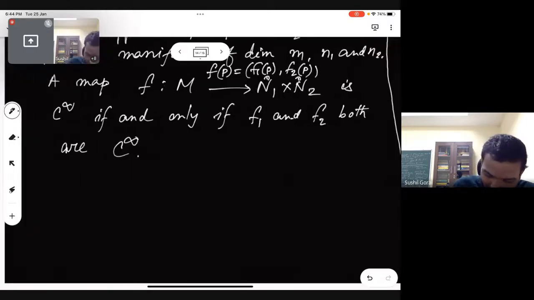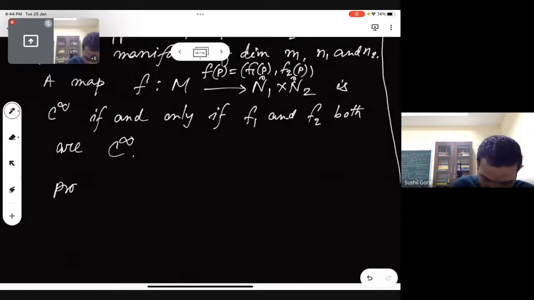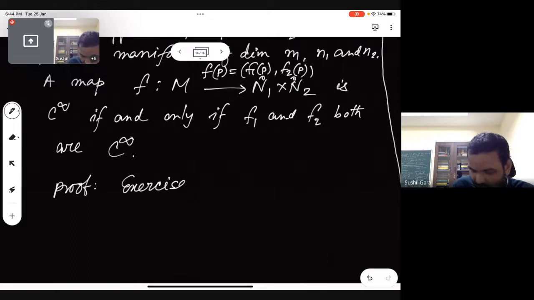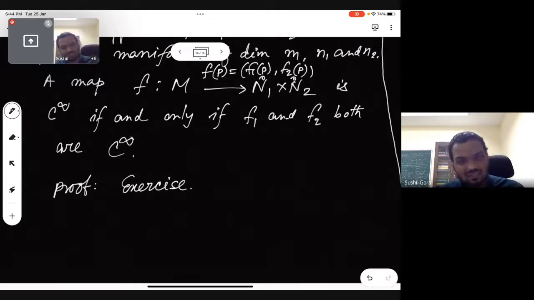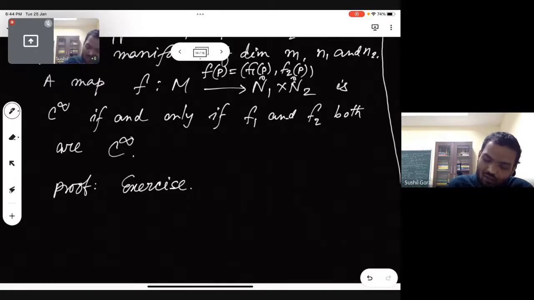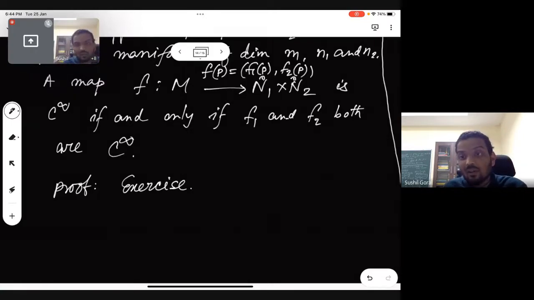This proof I'll give as an exercise. It is not very difficult, a simple exercise. Just routinely check. You look at chart maps in N1 cross N2, which you already know now, and then compose with the corresponding charts. So get habituated with the charts. That's it.